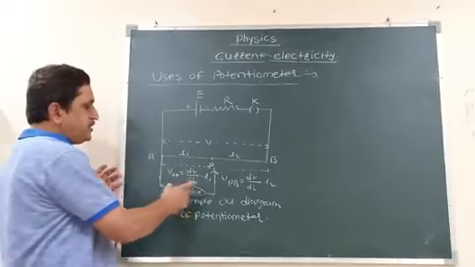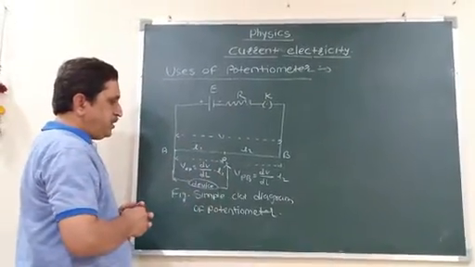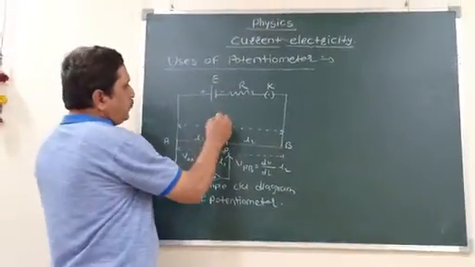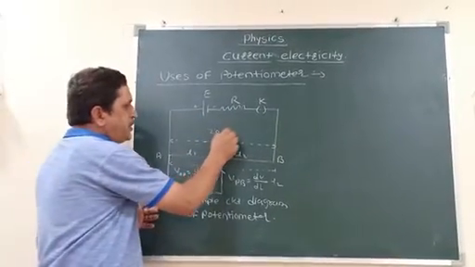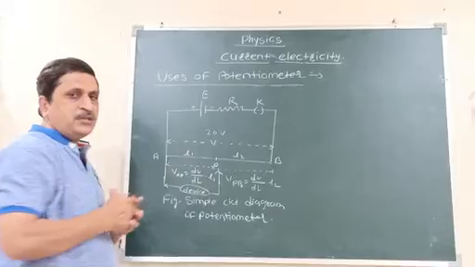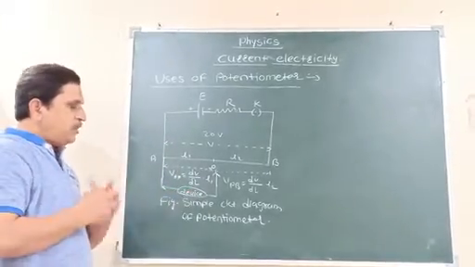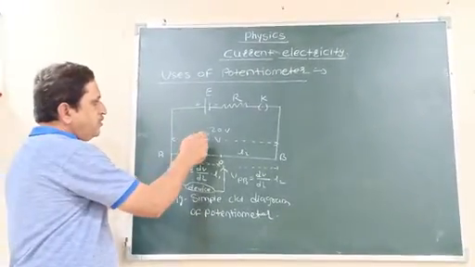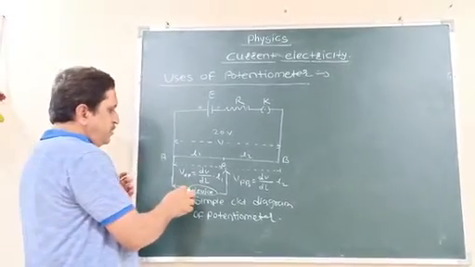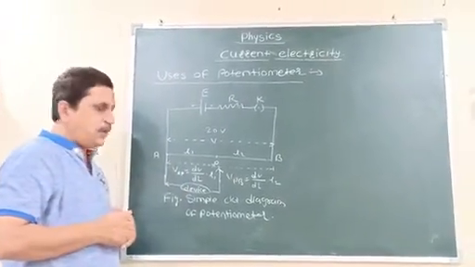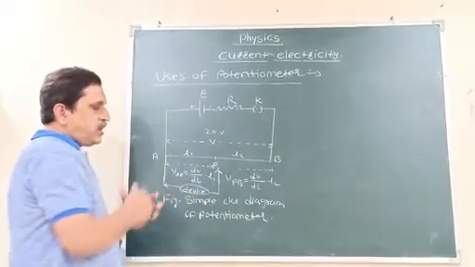Then how we can say that we can use it as a voltage divider? Suppose 20 volt is the total potential difference which gets developed between the 2 ends of this wire, and if for our device only 4 to 5 volt is required, then what will happen? One end of this device is connected to A, another end is connected to the sliding jockey.